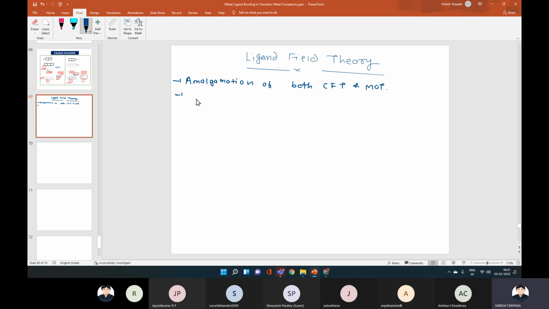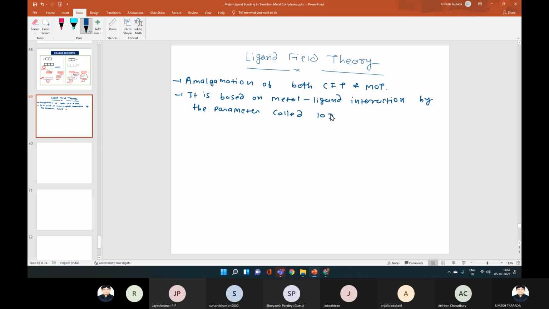And this theory is based on metal-ligand interaction, metal-ligand interaction by the parameter called 10 Dq.